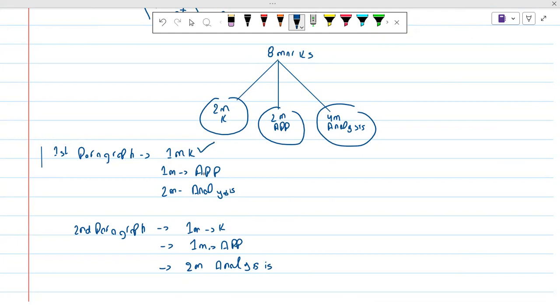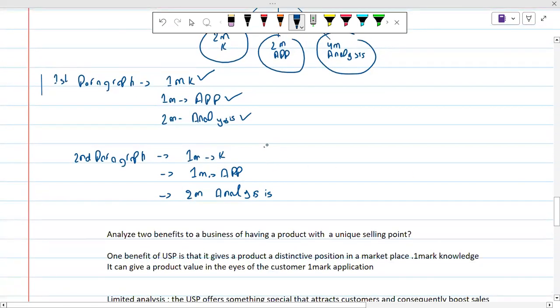If you apply your benefit in the business context, you get your application mark. And if you write the analysis of it, making the chain, you get 2 marks. The same goes for the second paragraph: 1 mark for knowledge, 1 mark for application, and 2 marks for analysis.